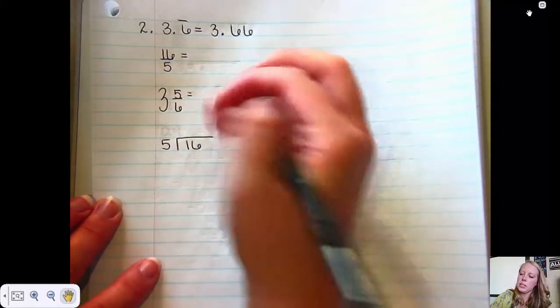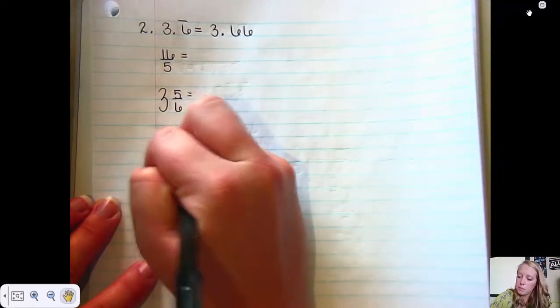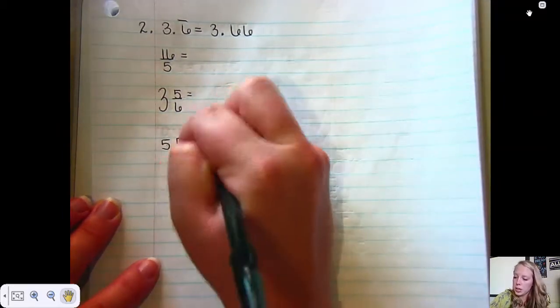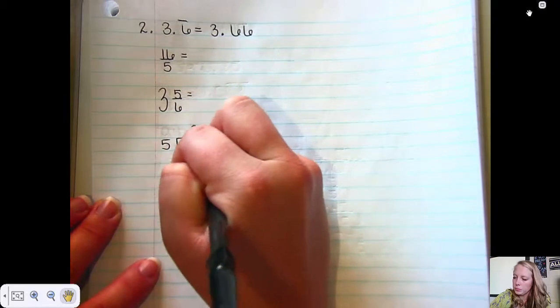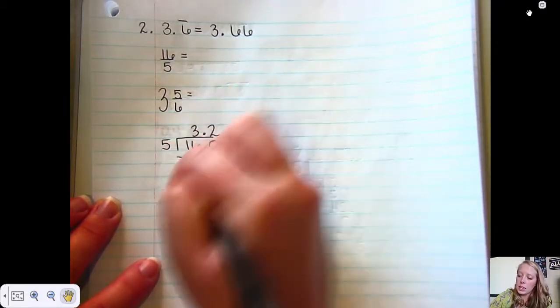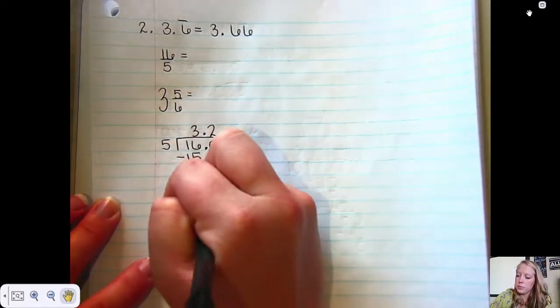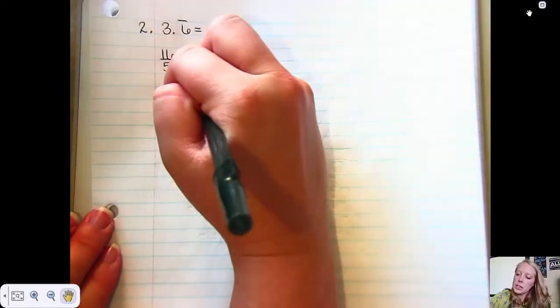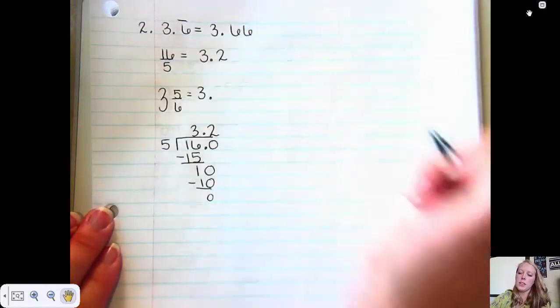5 would go into 16 3 times, and you would get a remainder of 1. Put your decimal in a 0. 5 goes into 10 exactly 2 times, so this is 3.2. And then this last one, we know it's got a 3 to the left of the decimal.